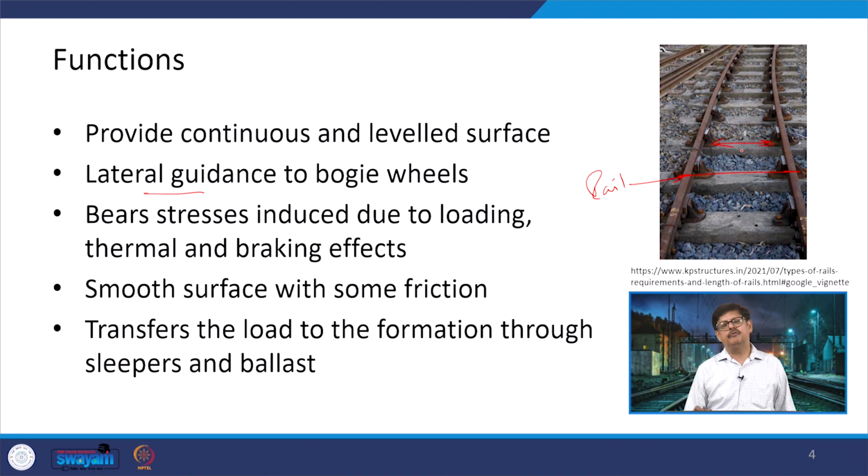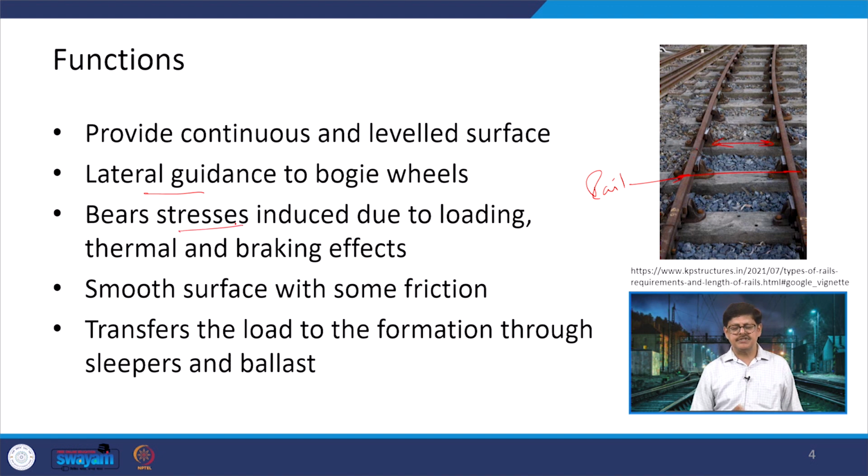But if this lateral movement is not restricted, then what will happen? Derailment of the train. To reduce that, we need the rails to provide lateral guidance: up to a certain clearance it allows the movement of the wheel, and then it pushes it back, because as soon as the wheel hits, it goes back as a reaction.